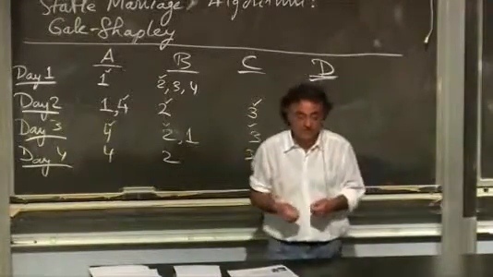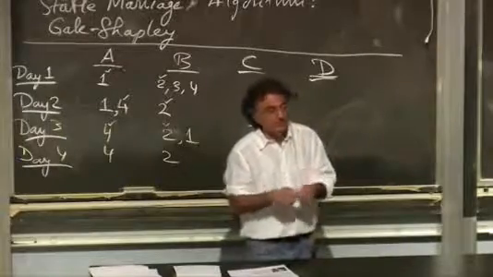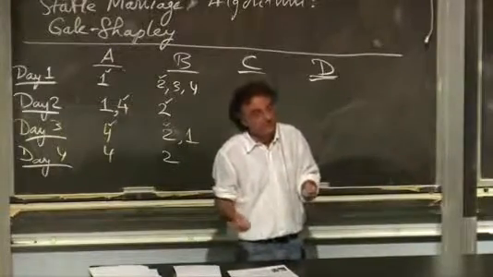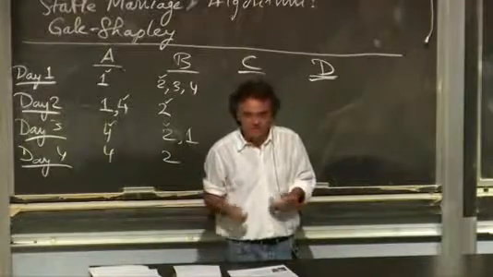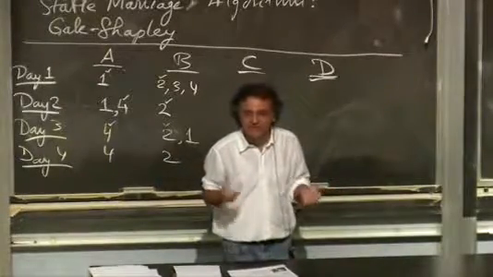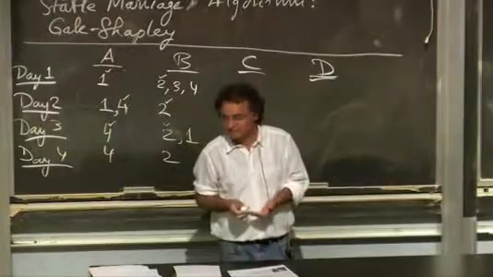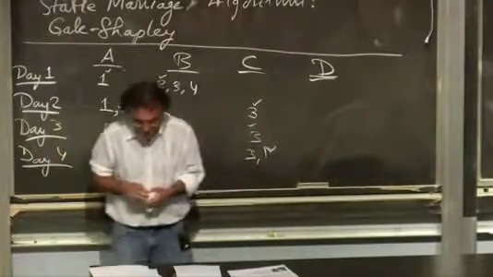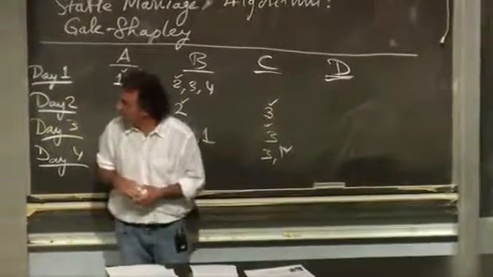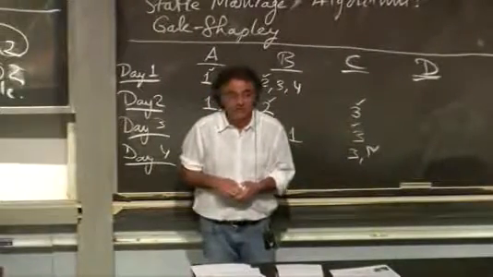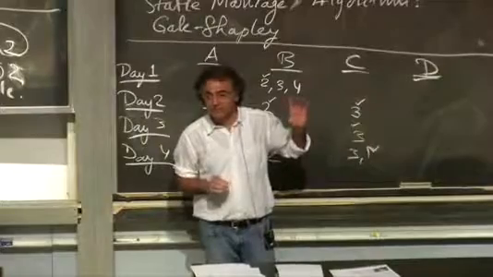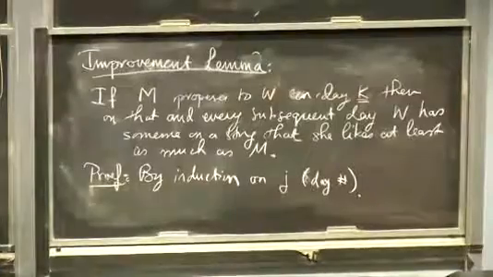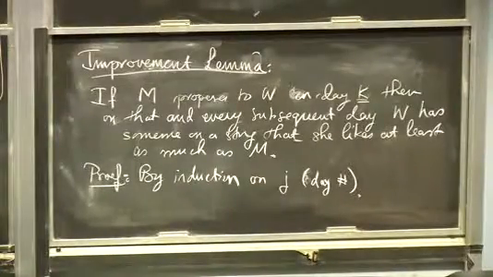Whoever she had on the string, he's going to come back, and he's at least as good as M, and it can only get better than that. So it's a straightforward induction. Is it clear what the improvement lemma is saying? It's just saying things can't get worse. They only get better for her.